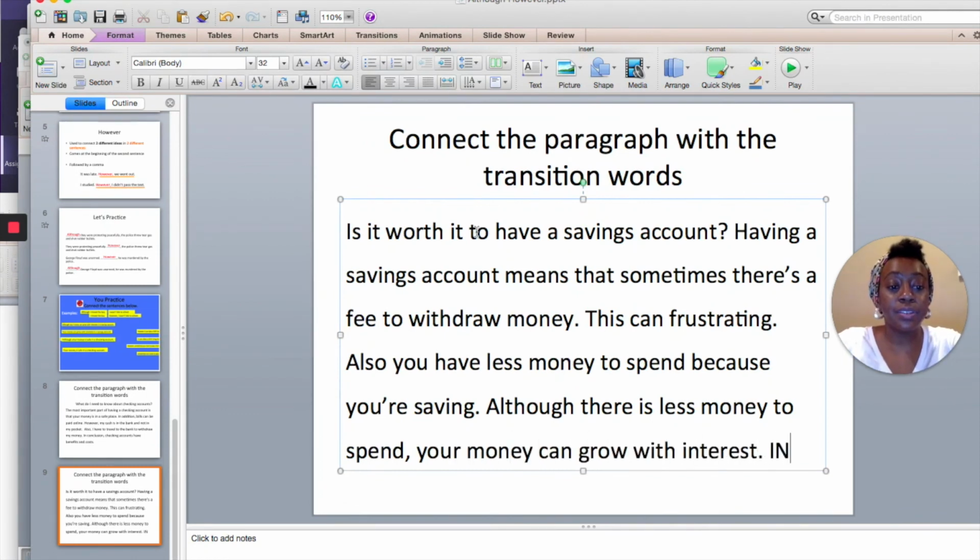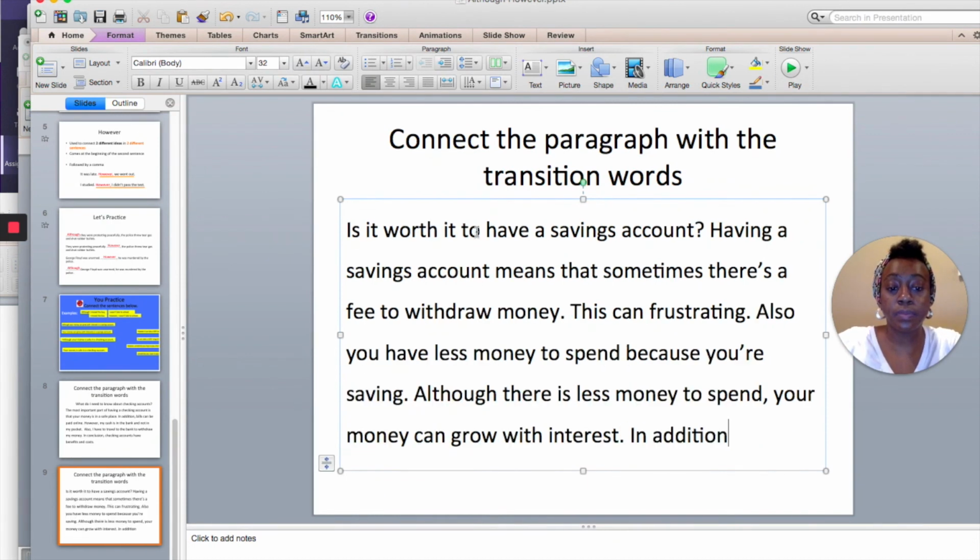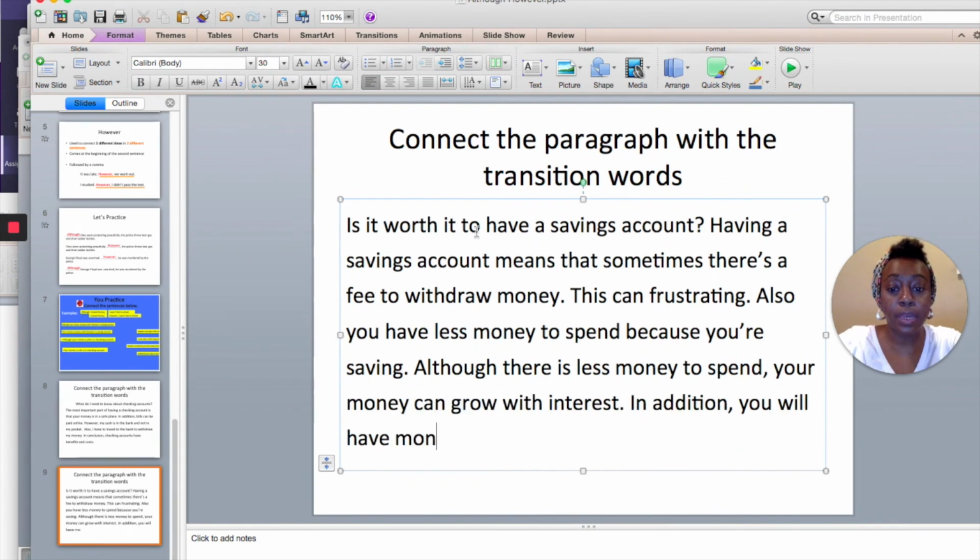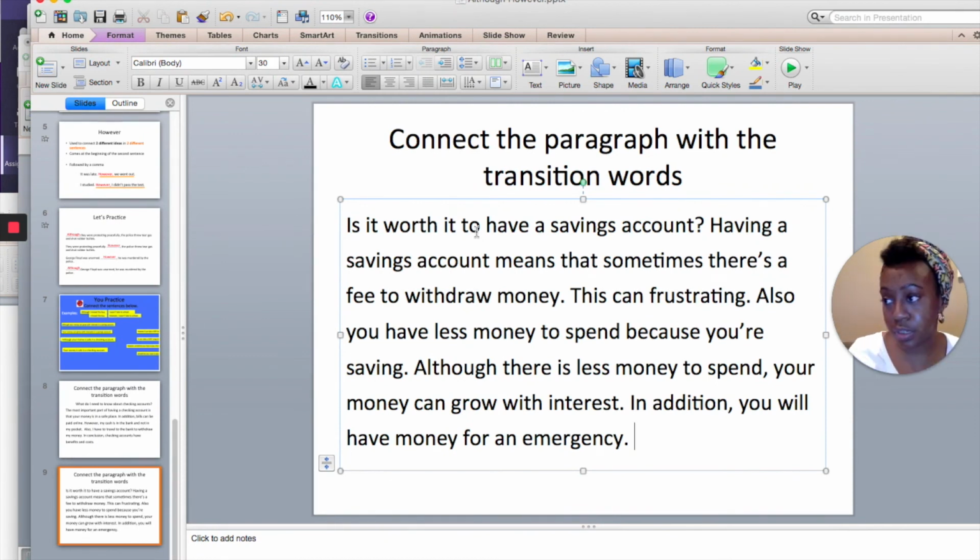Let's add in addition. In addition, you will have money for an emergency. Now we want to add our concluding sentence, which says, in closing, savings accounts can be helpful if you have disposable income.